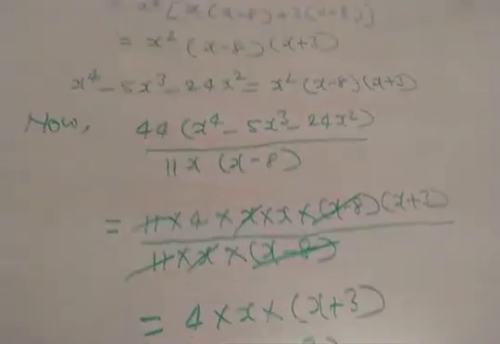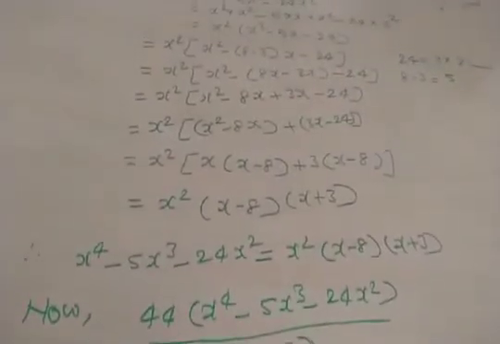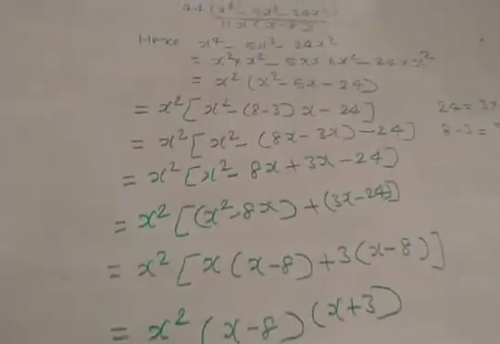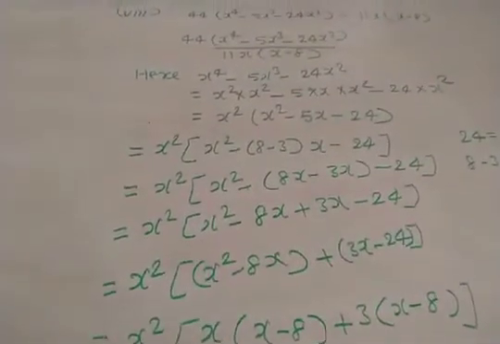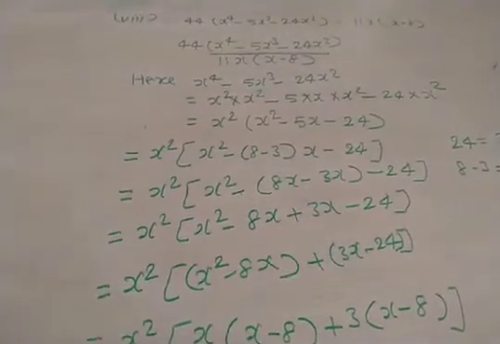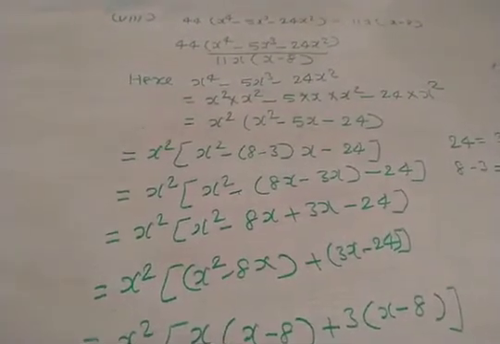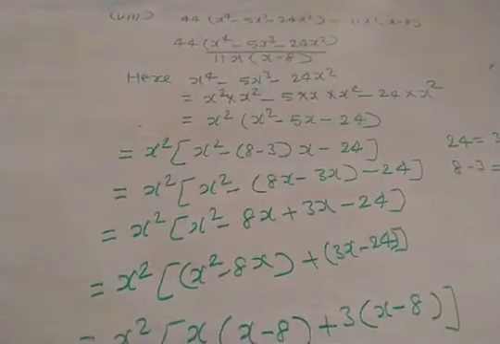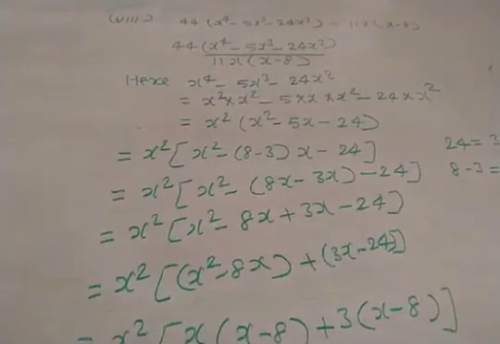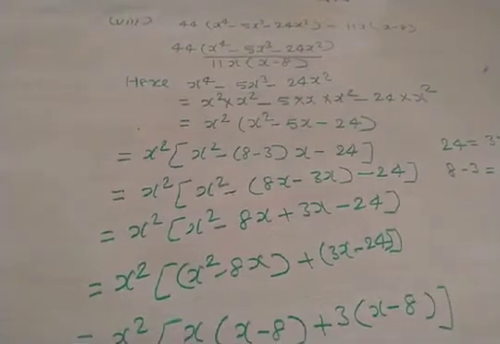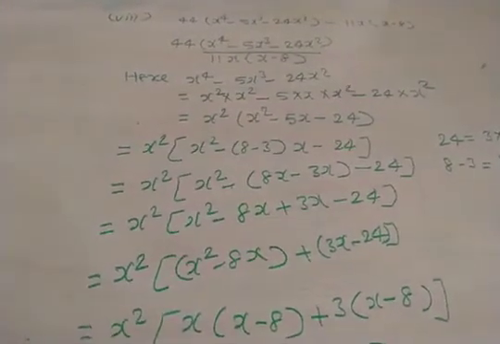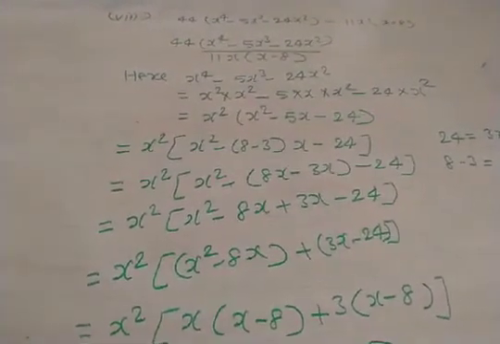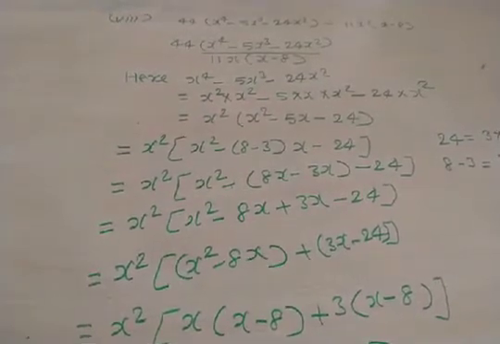Okay, student, you can see the whole solution of this question. This is given: 44 into x power 4 minus 5x cube minus 24x square divided by 11x into x minus 8. So first we factorize x power 4 minus 5x cube minus 24x square.